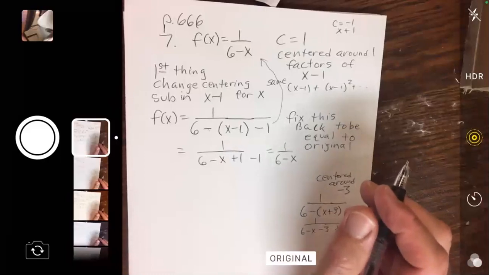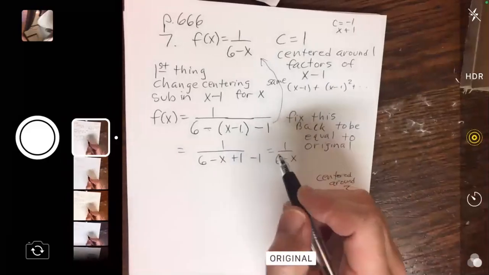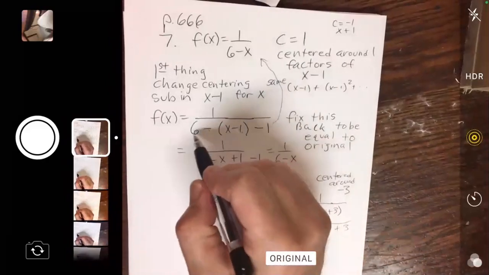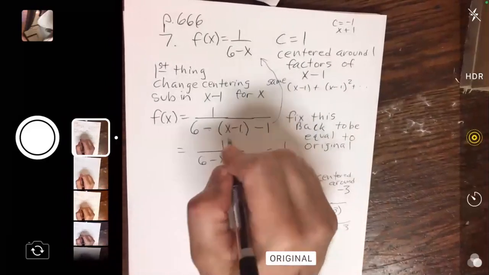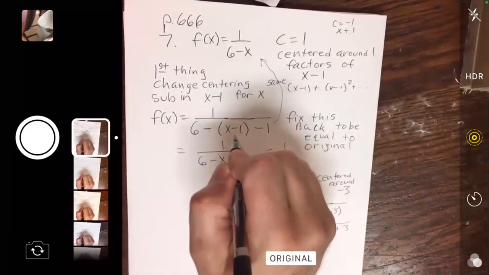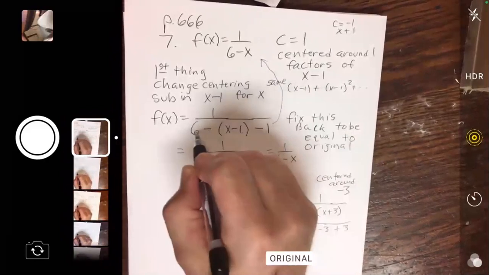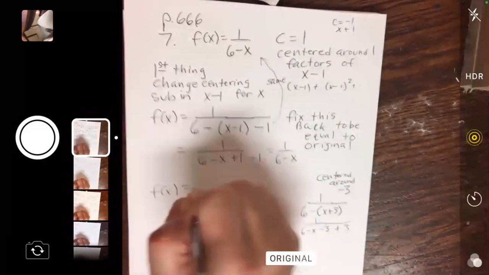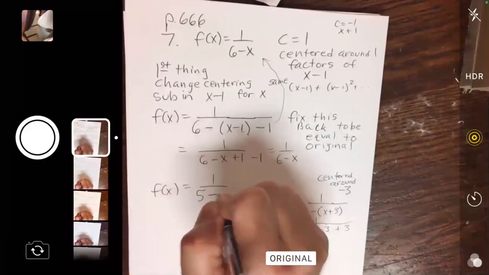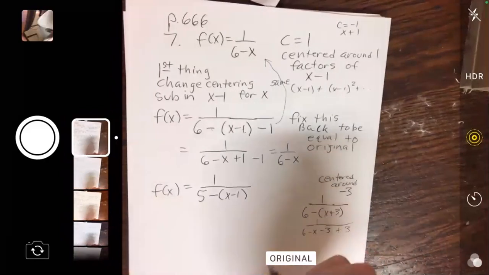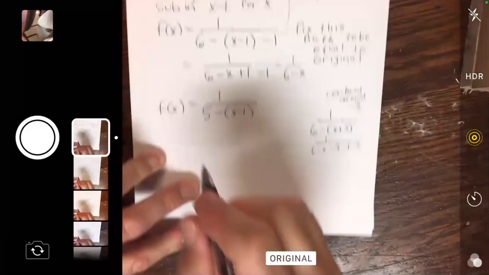Okay, can I keep going? Yes. Okay. So basically, you want to leave this alone because this clearly shows the centering. So you combine the terms around it, and that's 6 with the minus 1 there, you're going to get a 5. 5 minus x minus 1. Now you're going to play that same game.